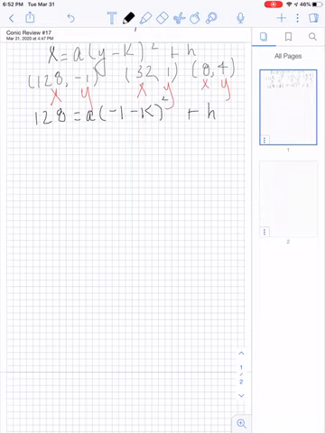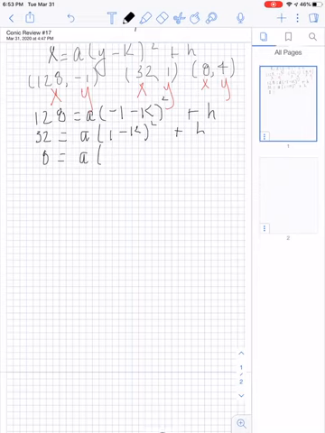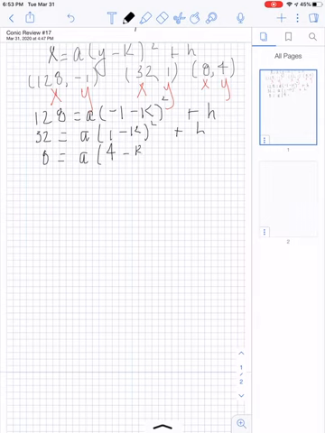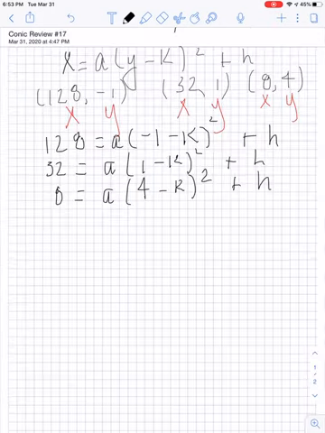And then I'm going to do the same thing with the second point. X is 32, and that is equal to a times the quantity 1 minus k squared plus h. And then finally, x is 8, and that's going to equal a times the quantity 4 minus k squared plus h.